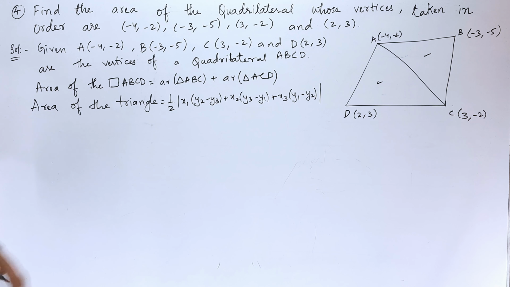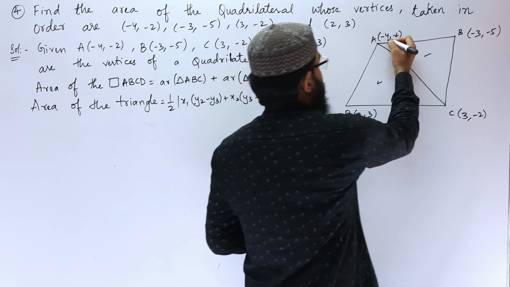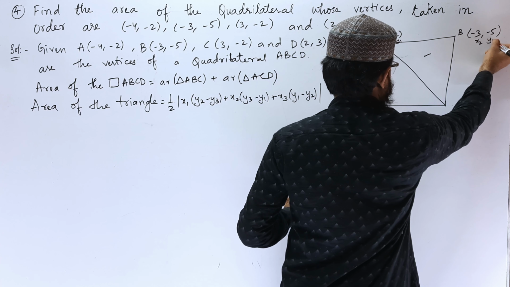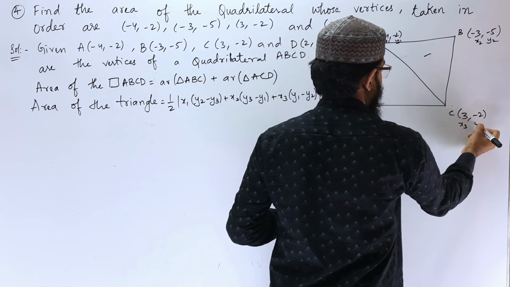Now let us find the area of the triangle ABC. For ABC, this is x1 y1, x2 y2, x3 y3.